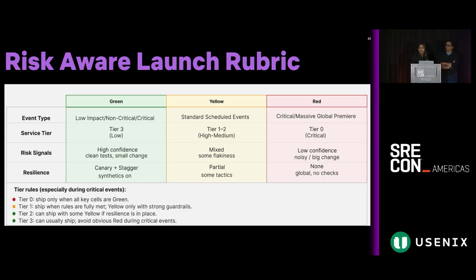Hey, add more guardrails. The best part is, this isn't a manual hallway conversation. It's wired into our deployment pipelines, so the system applies the rubric the same way every time, consistently, safely, and data-driven. So it's about understood risk, engineered mitigations, and pipelines that enforce the framework for us.